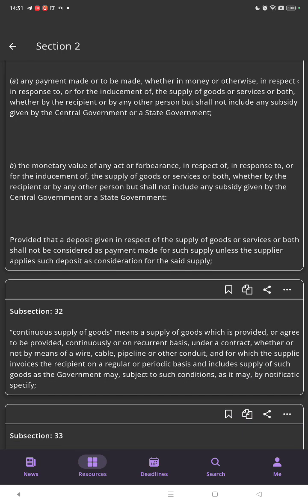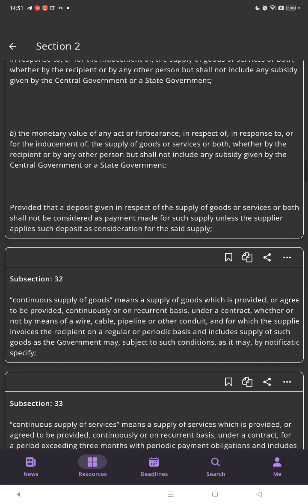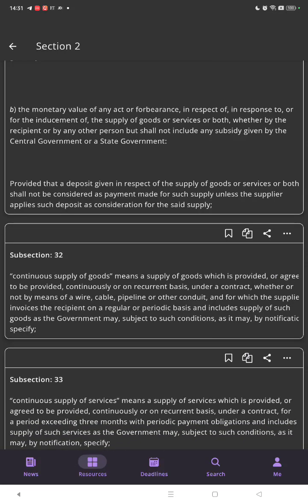Monetary value of any act or forbearance, in respect of, in response to or for the inducement of the supply of goods or services or both, whether by the recipient or by any other person, but shall not include any subsidy given by the central government or the state government. Provided that a deposit given in respect of the supply of goods or services or both shall not be considered as a payment made for such supply unless the supplier.